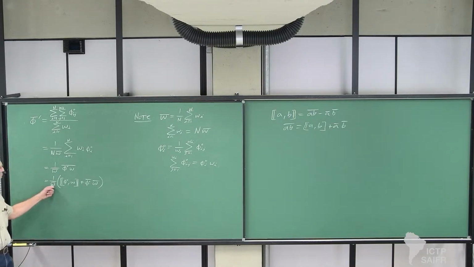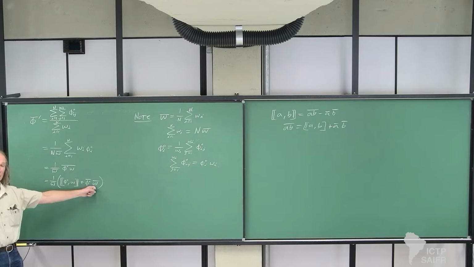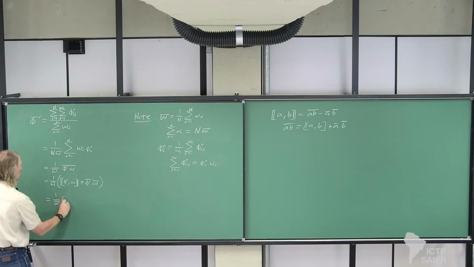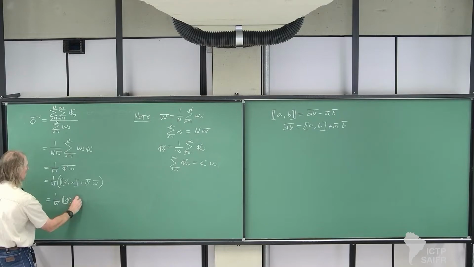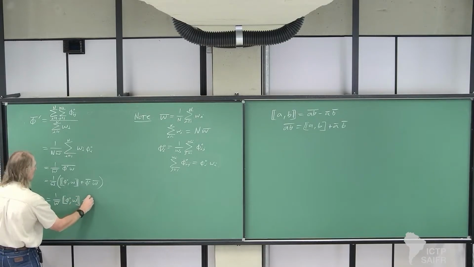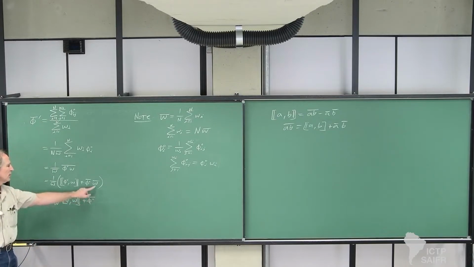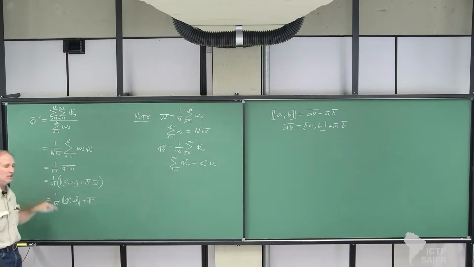And note I've got a 1 over W bar here and W bar here. So I can write it as 1 over W bar times the covariance of offspring phenotype with fitness, plus the mean offspring phenotype, because that W bar cancels out with that one. Make sense?